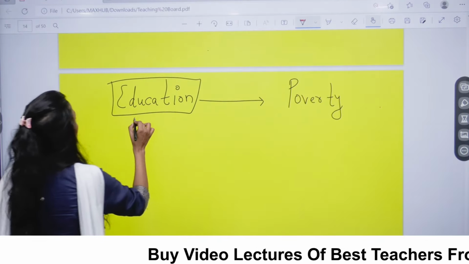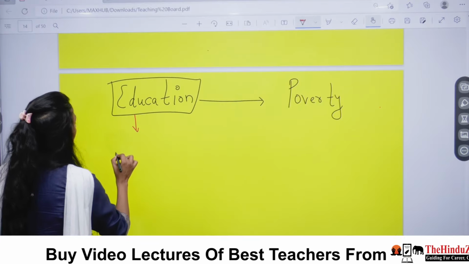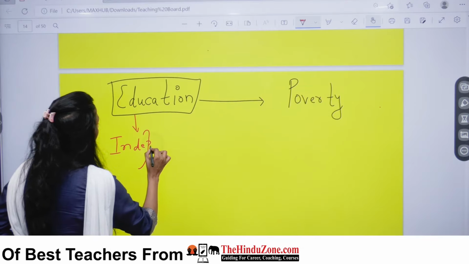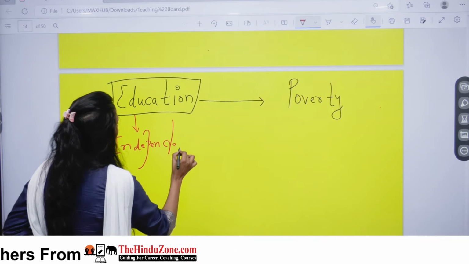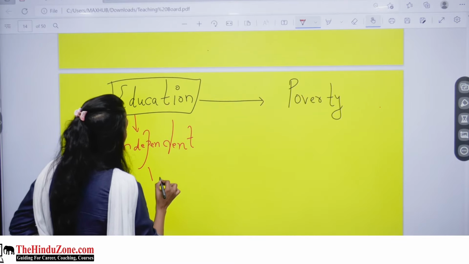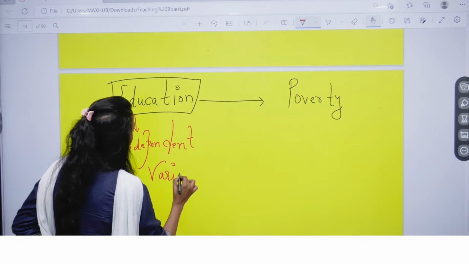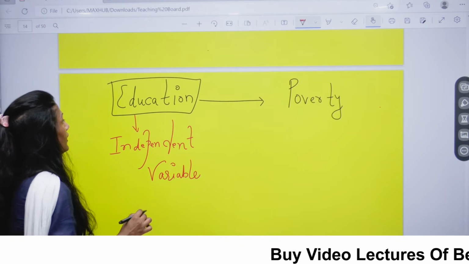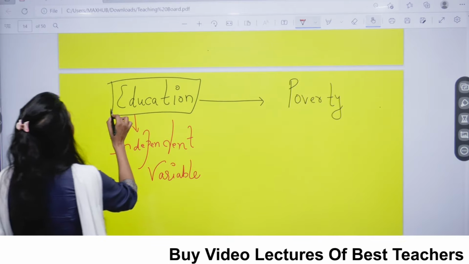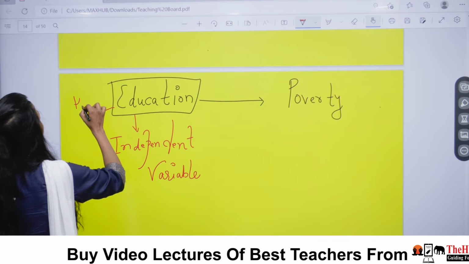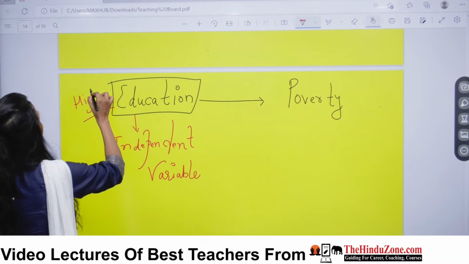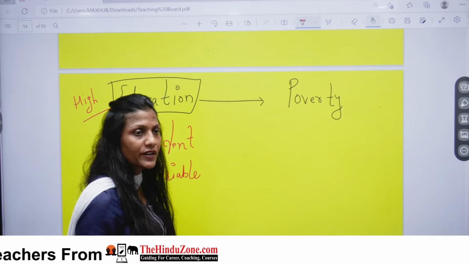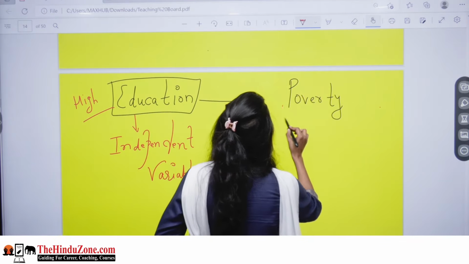So education is my independent variable. So if this gets high, let's just see the effects on poverty, which is my dependent variable.